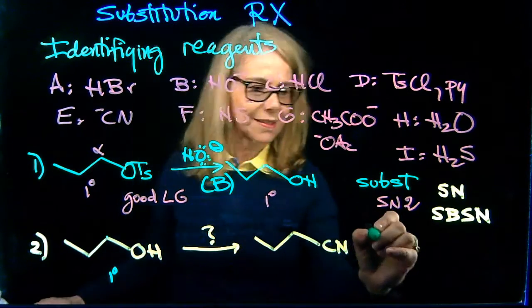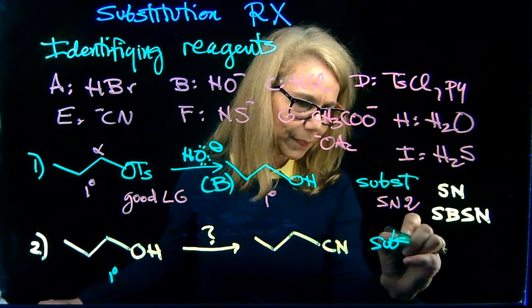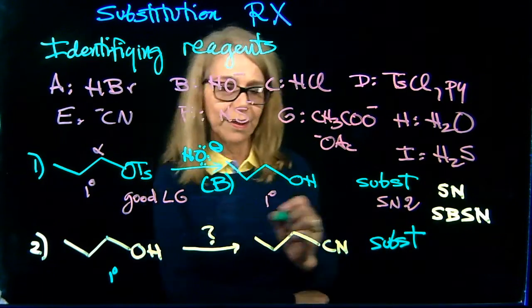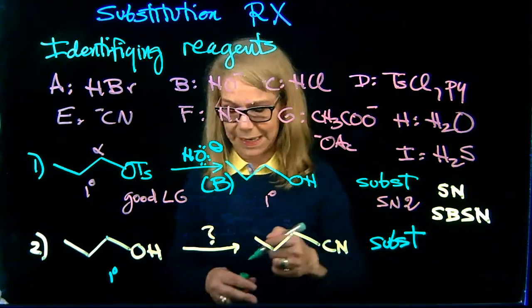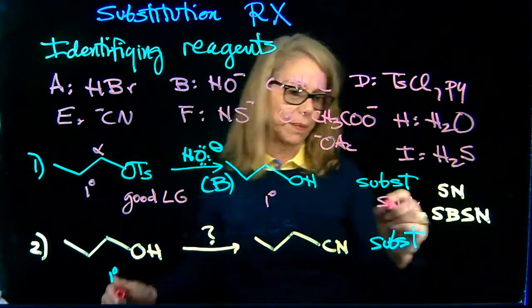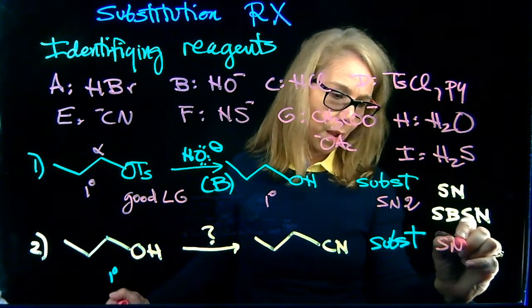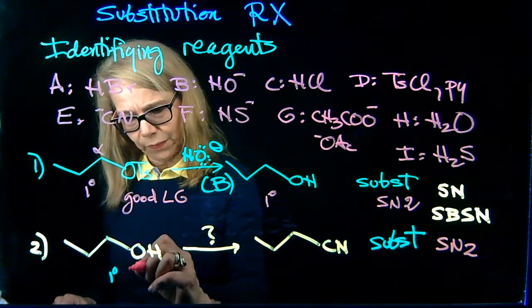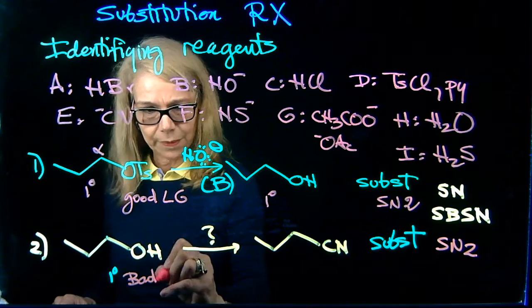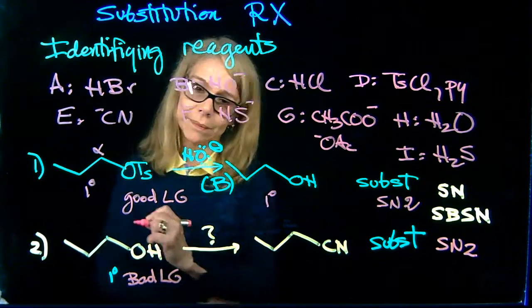Okay, this is a substitution. Primary substrates react best by the SN2 mechanism. So the mechanism is going to be SN2, but we know this is a terrible leaving group. Being a bad leaving group, we need to make it better.